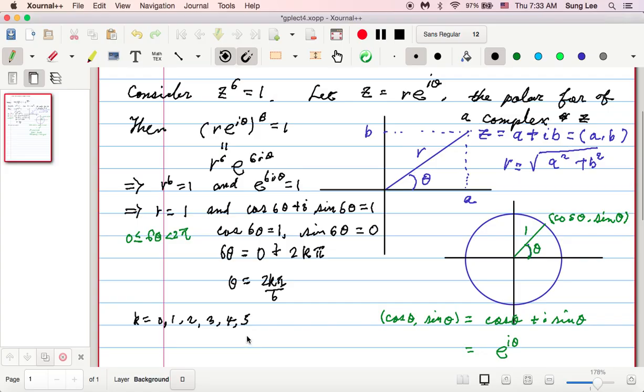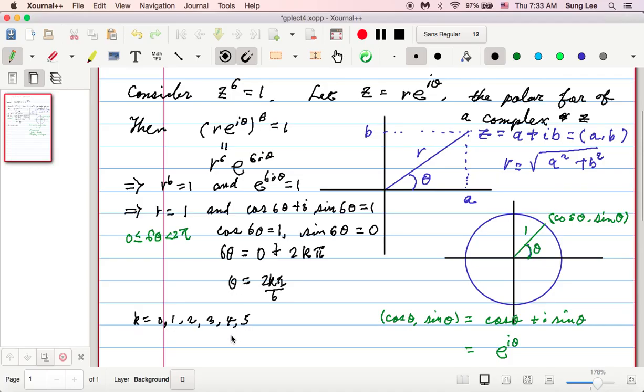Actually, this is it. So what happens when k equals 6? When k equals 6, you get 2 pi. So it's actually the same as when k equals 0. So it keeps rotating, right? So really, these are only six distinct solutions. So k equals from 0 to 5.